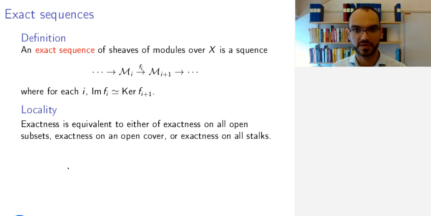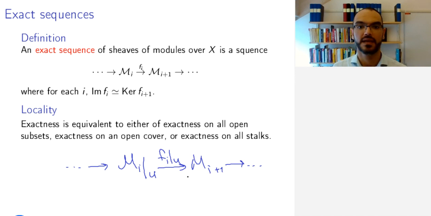So by reducing, you get a sequence like this. And the original sequence is exact if and only if this sequence is exact for any open set U, if and only if this sequence is exact for any open set U in a given open cover.